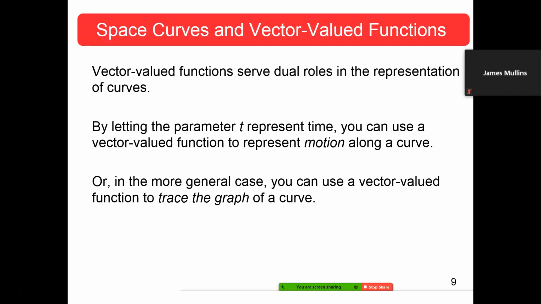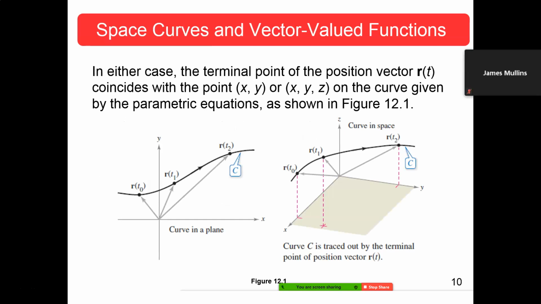So either it represents motion along a curve or traces the graph of a curve, which almost sounds like the same thing, but there is a subtle difference. In either case, the terminal point of the position vector r of t coincides with the point (x, y) or (x, y, z) on the curve given by the parametric equations as shown here.